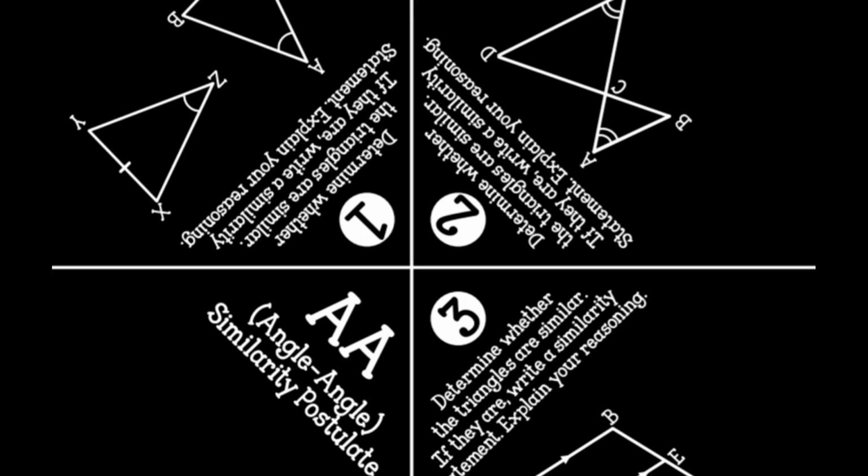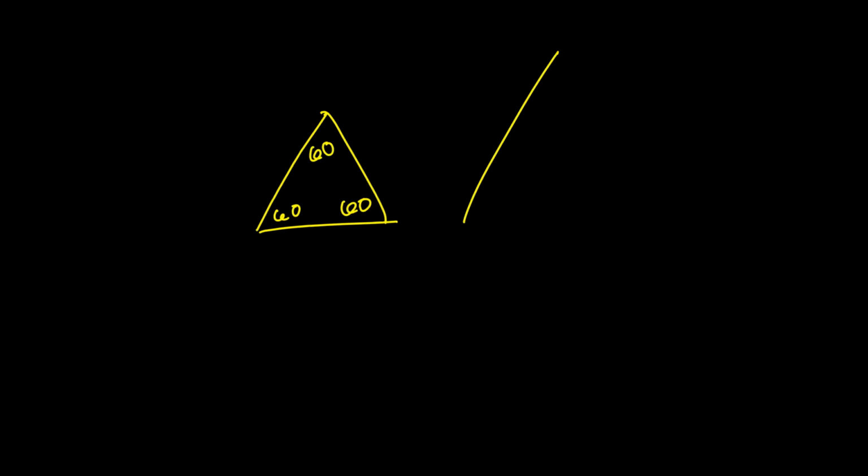ASS and AAA, right? Because remember, we could have a triangle that has 60, 60, 60, and then we could have a much larger triangle that is 60, 60, 60. Were these two triangles congruent? No, but what are they? Similar, because similar is just same shape.